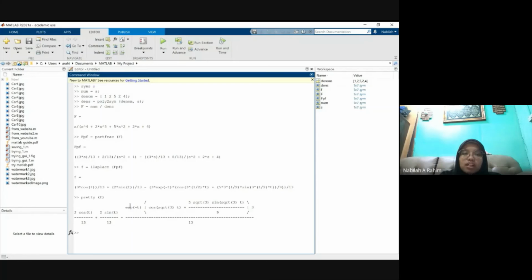If we simplify this equation, I can get back the answer from the manual calculation I calculated earlier. So that proves that the answer for the manual calculation and the simulation is the same.